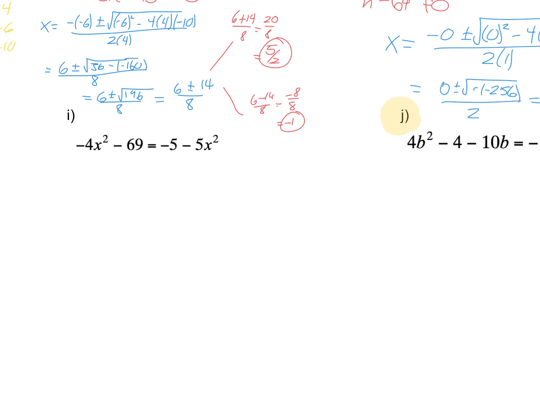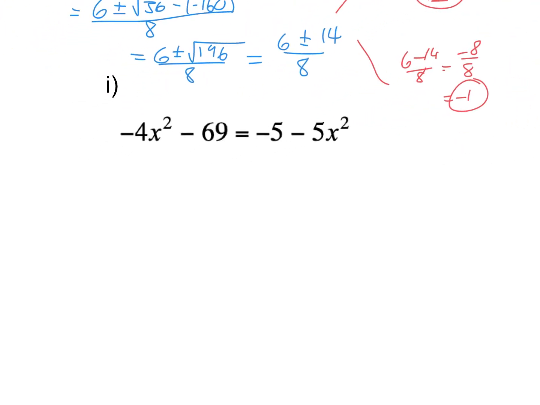Okay, we have 2 left. This one looks a little bit more complicated. So in order to first get this one so that way we can use the quadratic formula, I notice I have 2 terms with x squared. I want my x squared term to be positive when I combine these two. So what that means is I want to move the smaller value to the other side of the equation to make it positive.